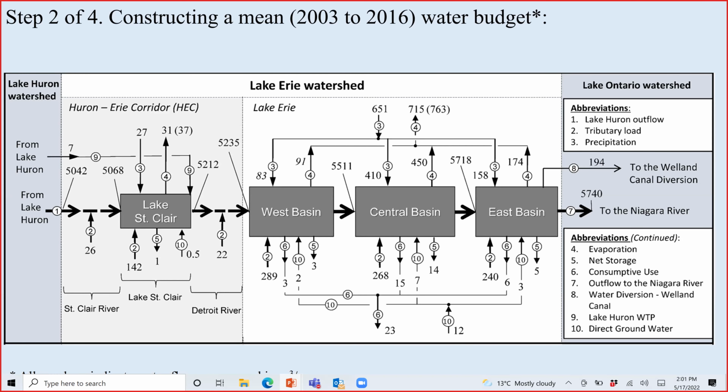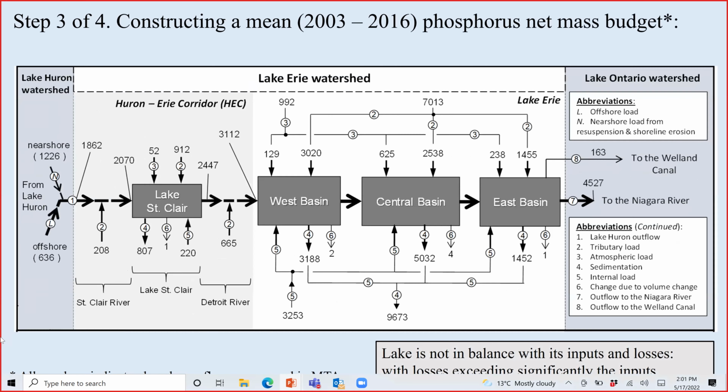For example, here you can see the mean annual water fluxes expressed in cubic meters per second for all major processes affecting the water budget, such as inflow from Lake Huron, watershed runoff, number 2, and water diversions, for example the Welland Canal or some water intake from Lake Huron water. You can see also precipitation and evaporation fluxes, and also consumptive use and groundwater recharge.